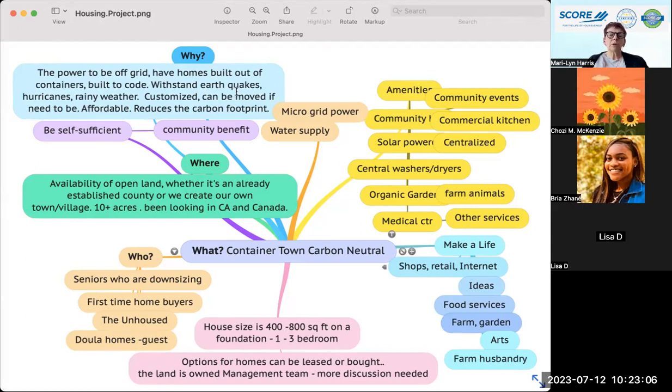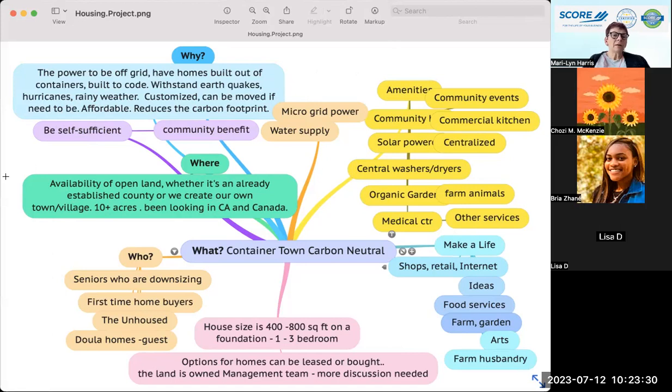Because it'll be totally off grid, and becoming more of a positive contribution to society and to humanity. And to be a lot more affordable than what it is, especially in the Bay Area. Also to help people be self-sufficient. It's a community benefit.